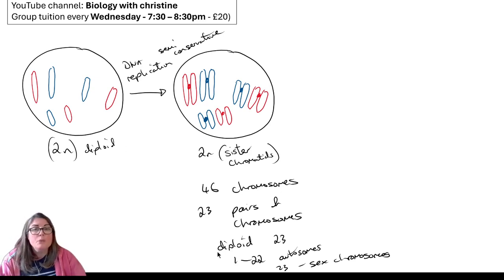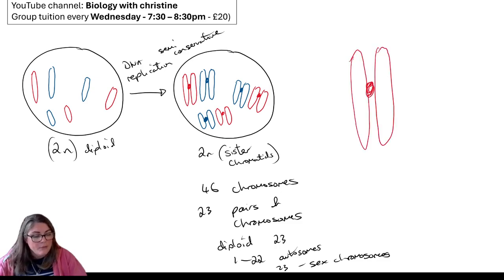So right now we're just making a few notes about what we know. We have our diploid cell, 2N, we have replicated it, and now we have each of them being attached. The sister chromatid is attached at the centromere.